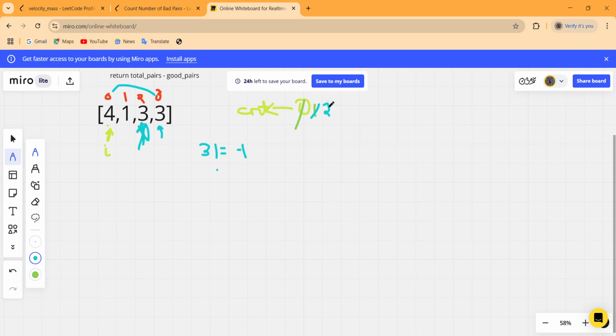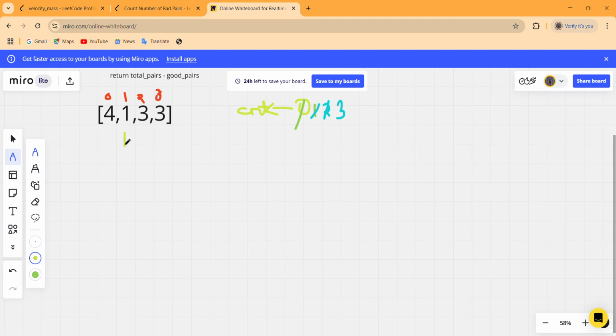Yes, update cnt. cnt is 3 here. Now the inner j loop is terminated because if we again increment our j, it will go out of bound. So our i is now incremented and points to here.